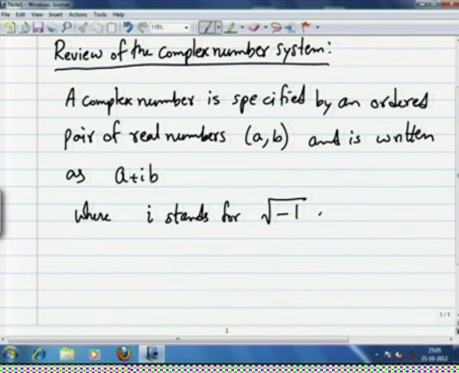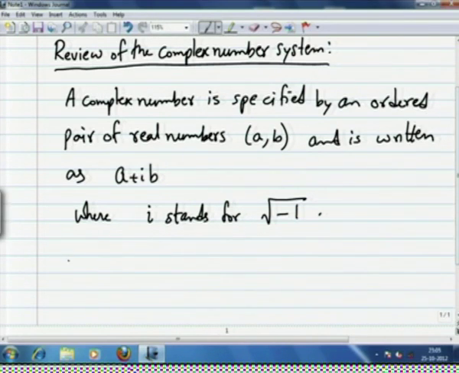Okay. So, the complex number system provides for an entity which acts as the square root of minus 1, which is not available in the real number system, and that we denote by I. And given an ordered pair of real numbers, we talk of a complex number a plus b I. Okay.